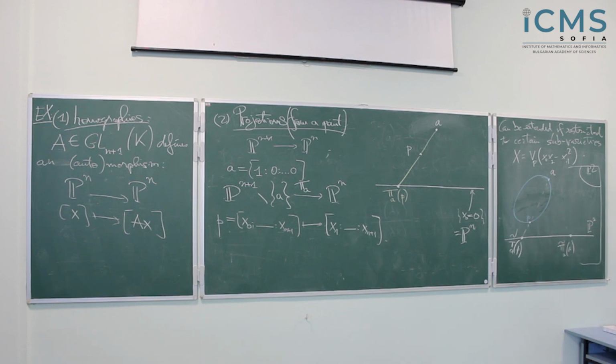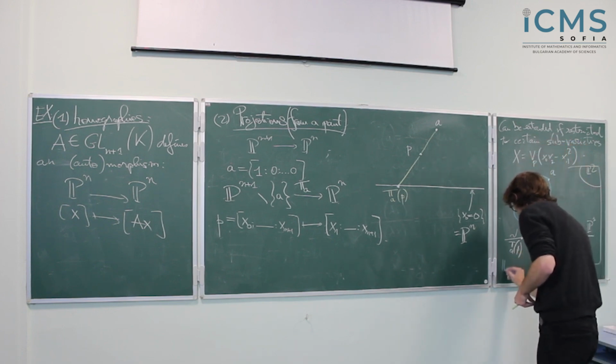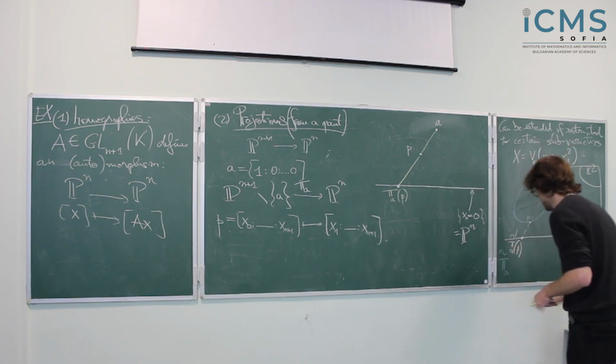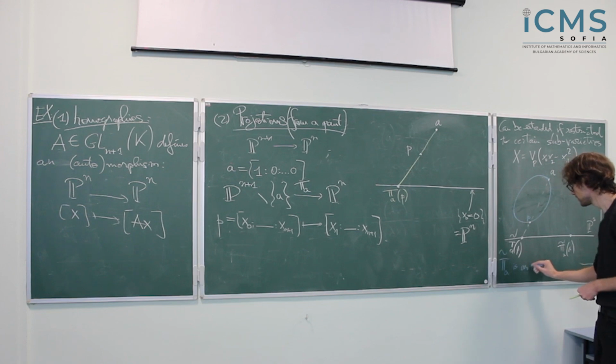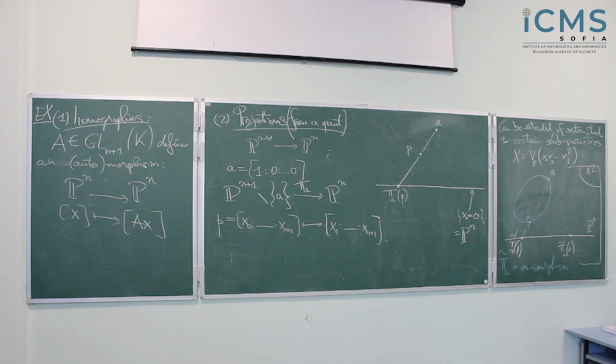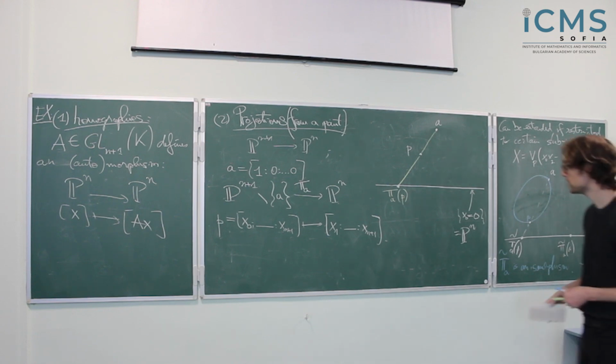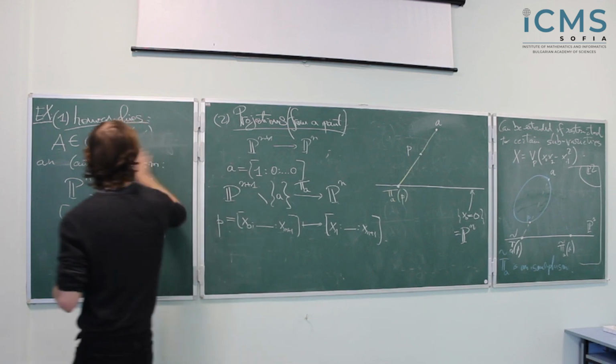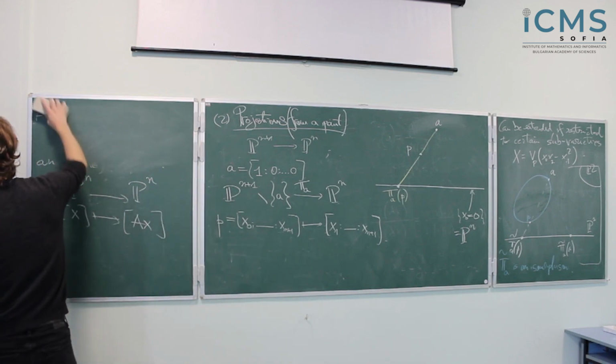This will actually be an isomorphism, so P tilde is an isomorphism. It gives us that our conic is isomorphic to P1.